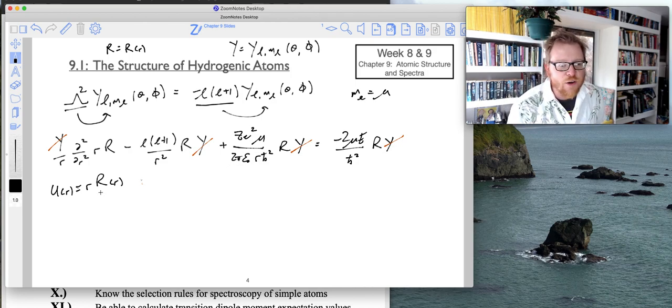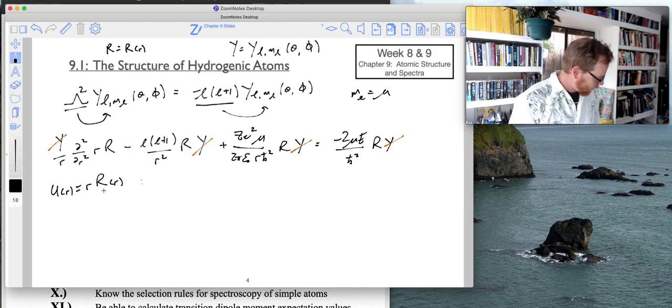So this is standard manipulation in quantum mechanics. And the reason for that is because it makes our life a little bit easier, as we shall see.